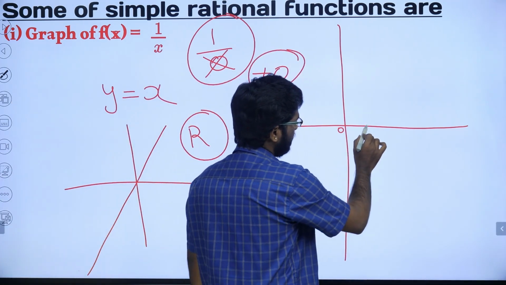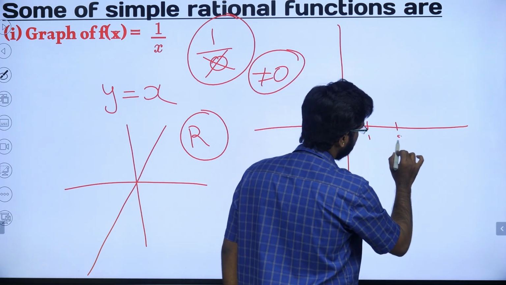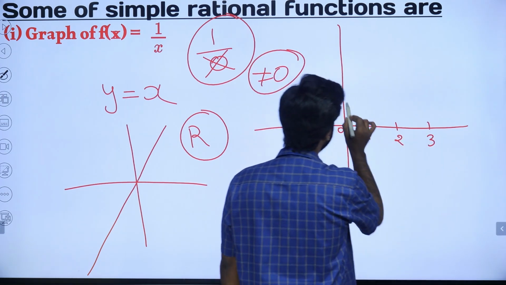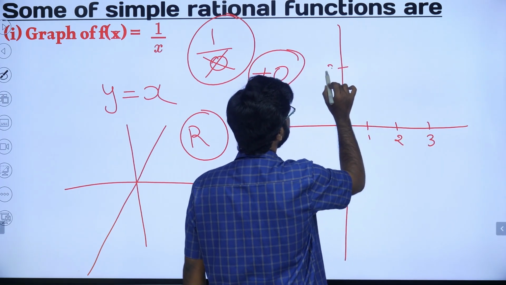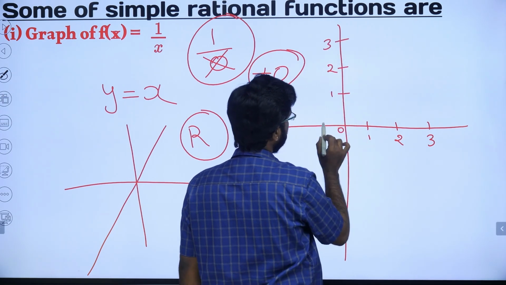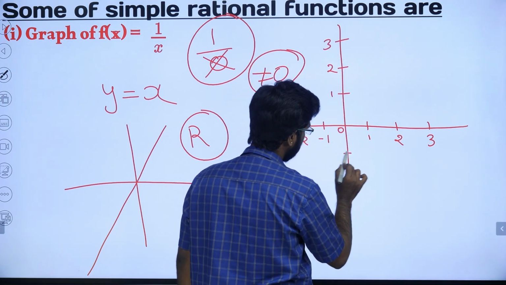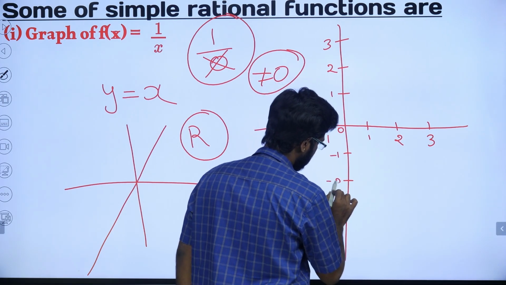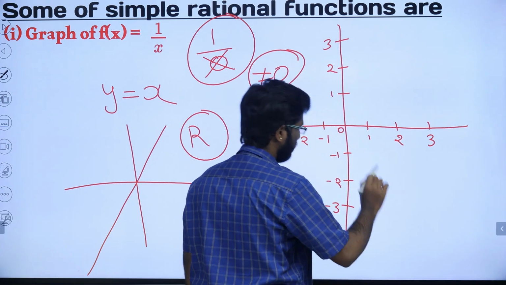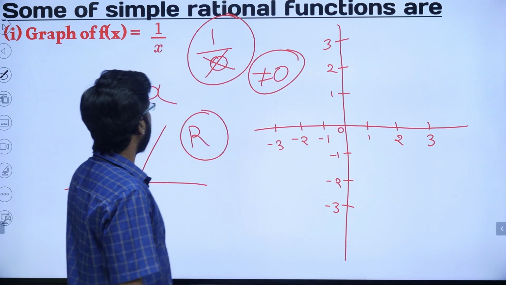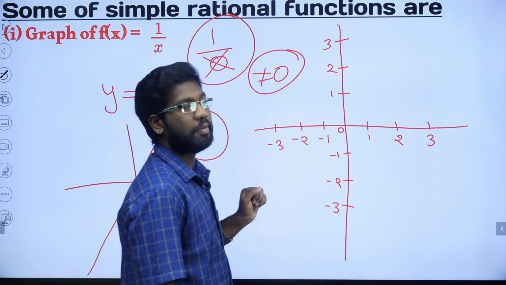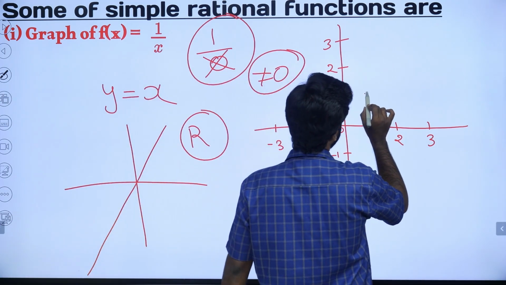So next, I am taking the points 1, 2, 3, minus 1, minus 2, minus 3, my dear students. So for x equals 1, what is the answer, my dear students? The answer is 1.